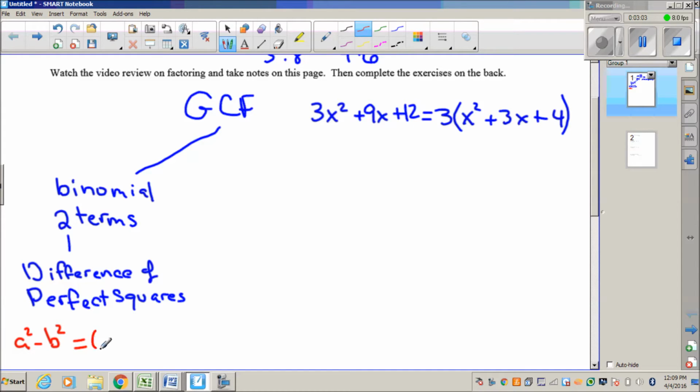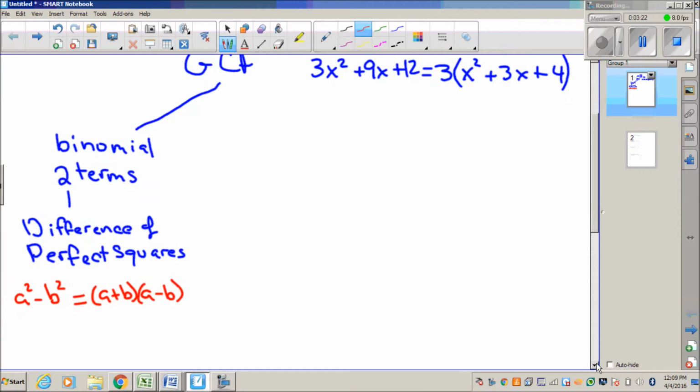This will factor into a plus b times a minus b, because the square root of a squared is a, the square root of b squared is b, and the signs have to be one of each, one positive and one negative. Okay? When you have this positive negative pair, this is called a conjugate pair.